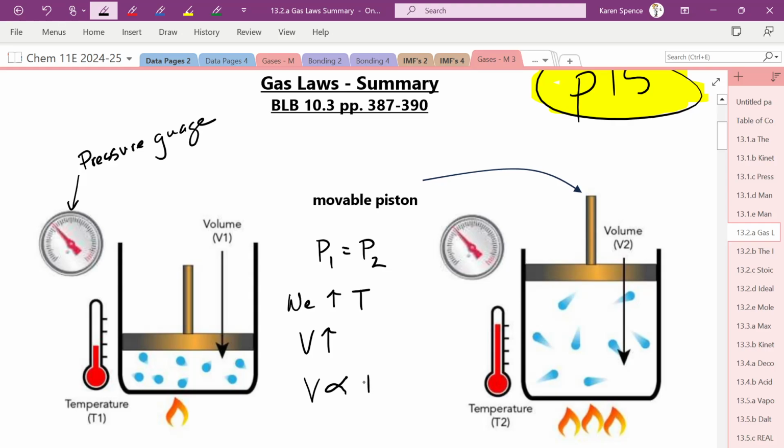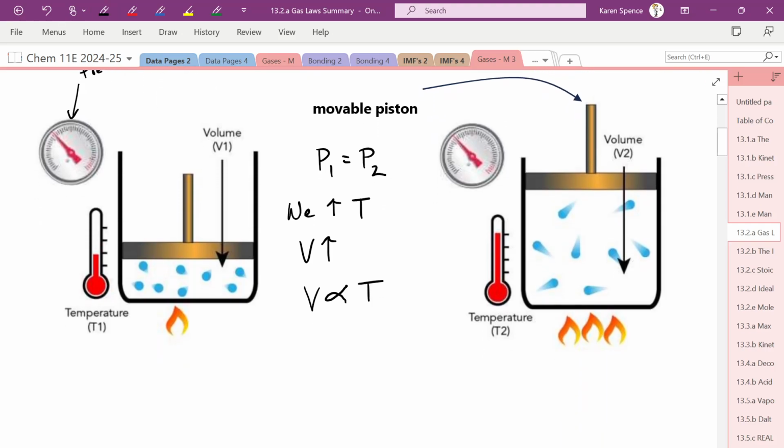And so we can say that volume is proportional to what? Temperature. So if we were to write a formula for this, when two things are directly proportional to one another, we would say V1 over T1 equals V2 over T2.